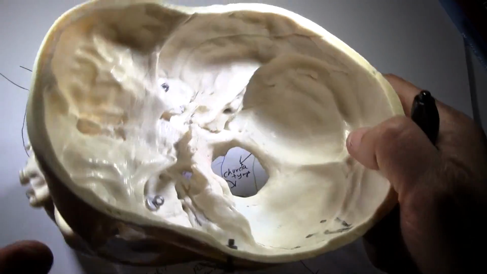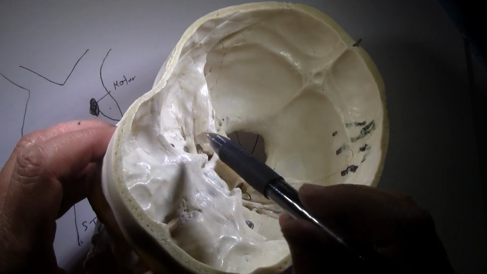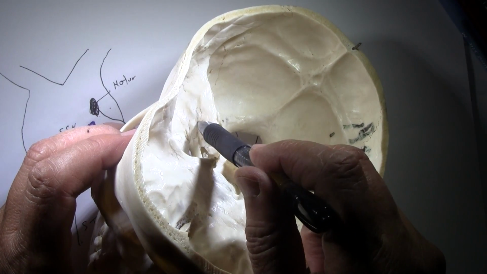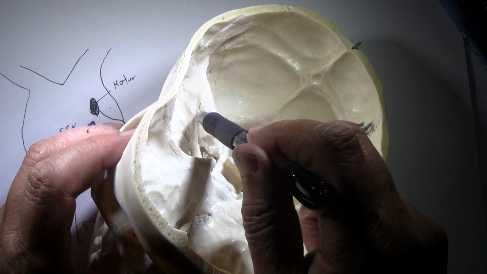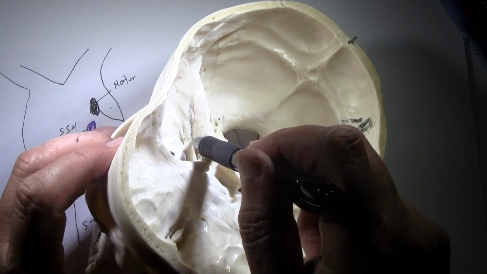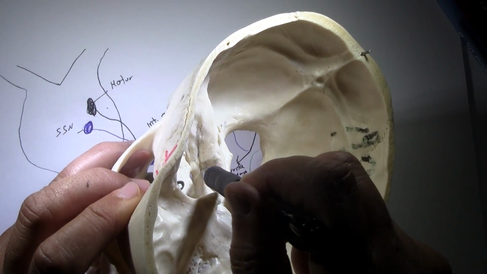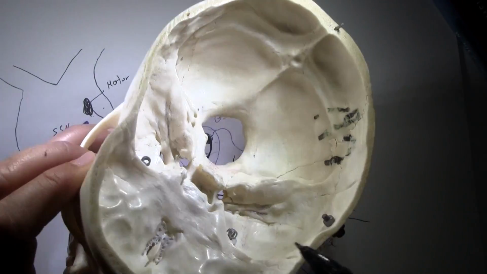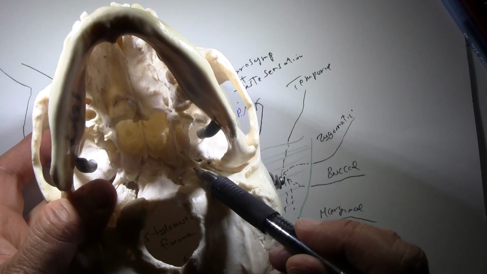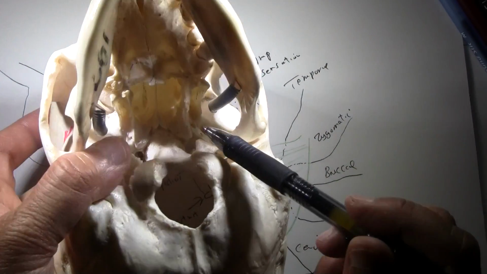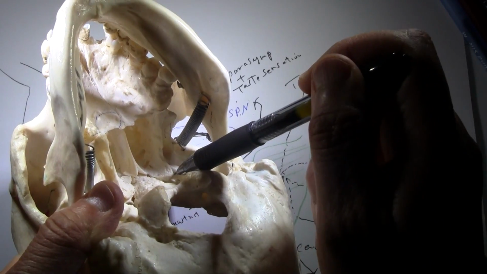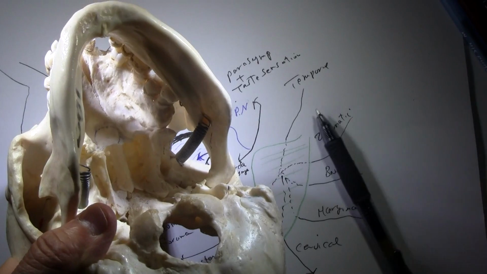And in this area you see this hiatus and the groove for the greater superficial petrosal nerve. So the nerve comes through the anterior surface of the petrous bone and travels down here up to the foramen lacerum. And from the foramen lacerum, it continues its trip through the pterygoid canal. If you remember, we talked about the pterygoid canal before. Here is the location in this area exactly.